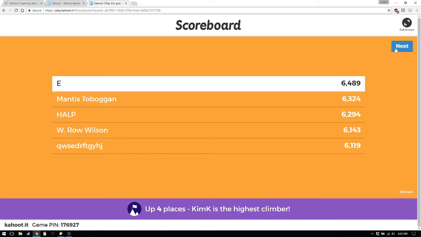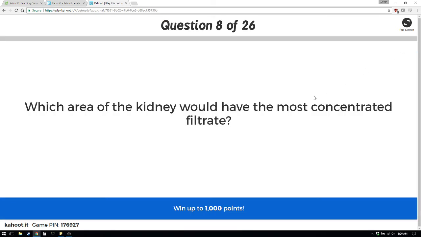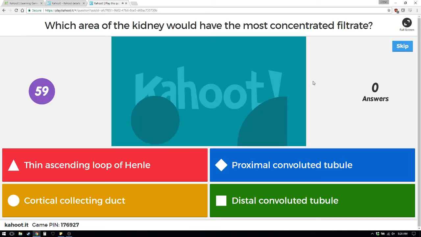Okay, moving on. Which area of the kidney would have the most concentrated filtrate, of the ones listed here?